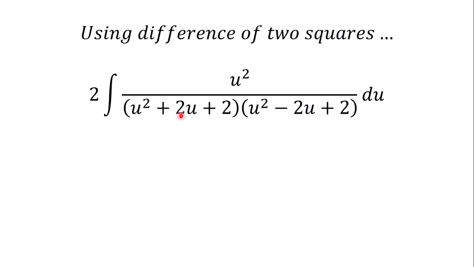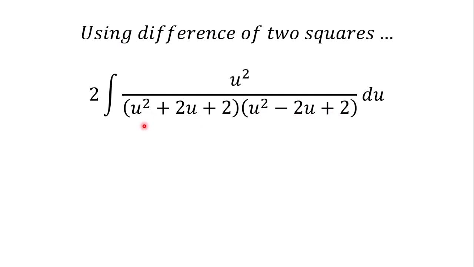Let's write this one as 1 over u squared plus 2u plus 2 plus 1 over u squared minus 2u plus 2. Let's sum it up. Summing it up will give us this one plus this all over this one.